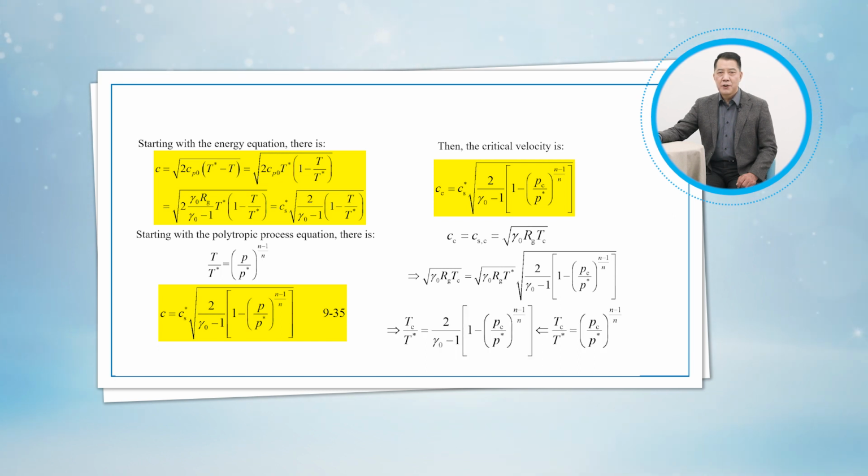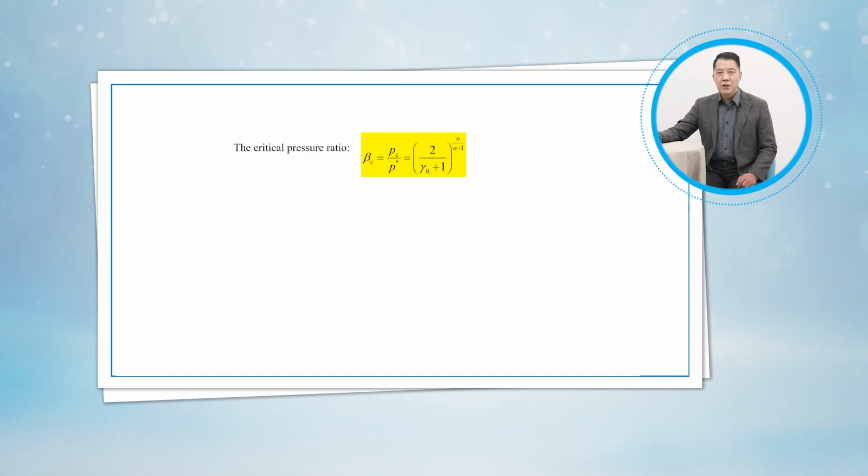Substituting polytropic relation, we then have the critical pressure ratio. Similarly, we have the critical temperature ratio or the critical density ratio. These three critical ratios are very useful for practical compressible flow calculations involving air.